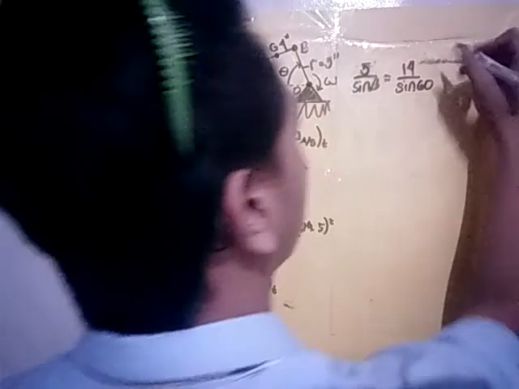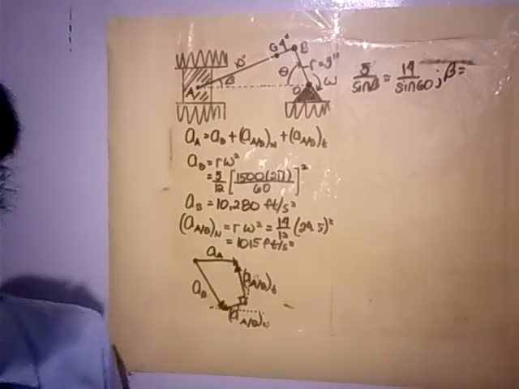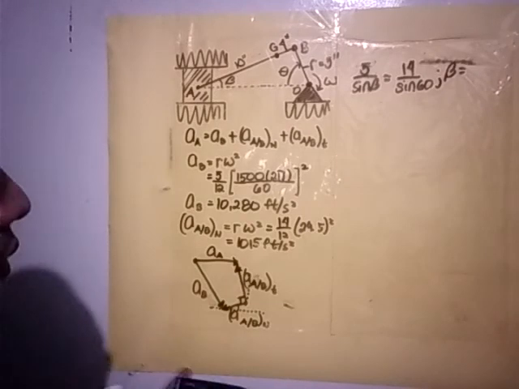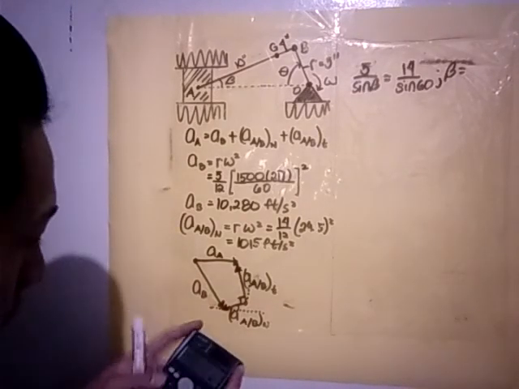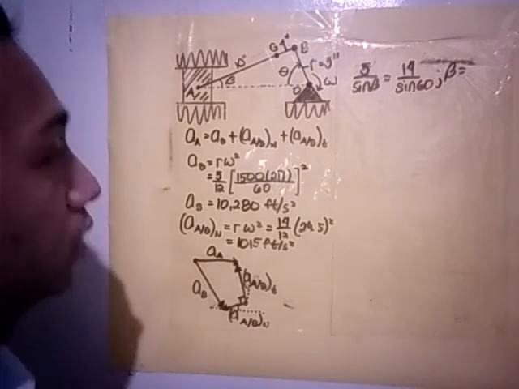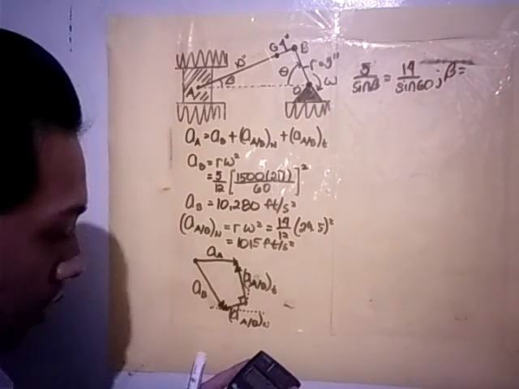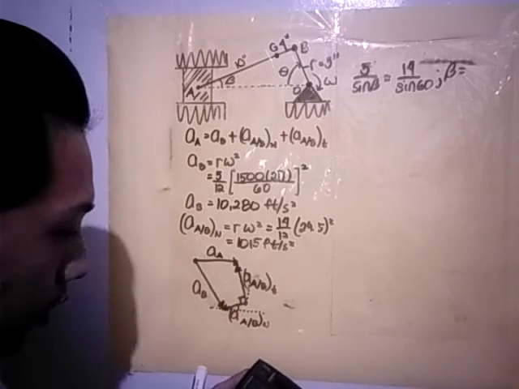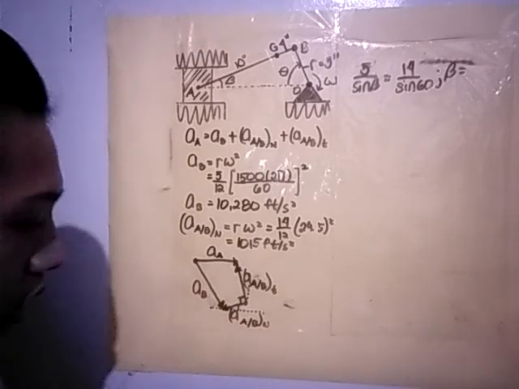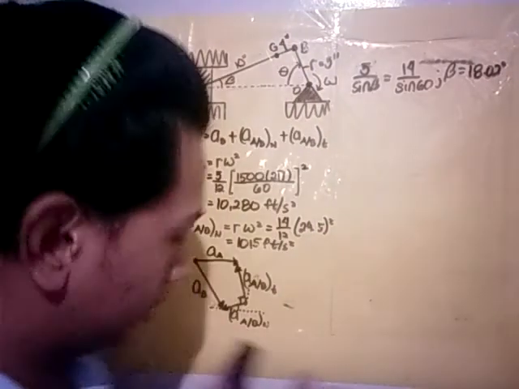So now our beta is equal to arcsine of 5 times sine 60 divided by 14. So it is 18.02 degrees.